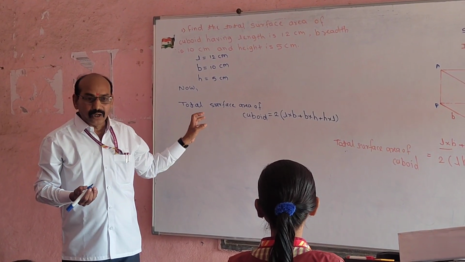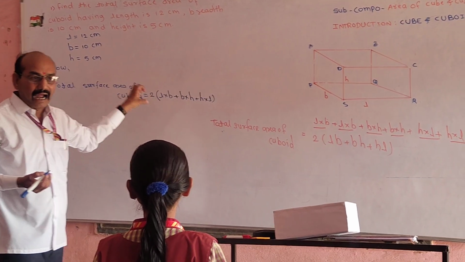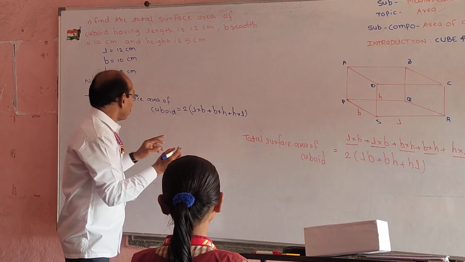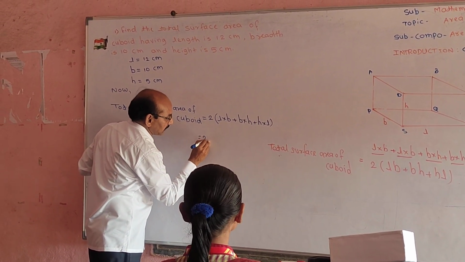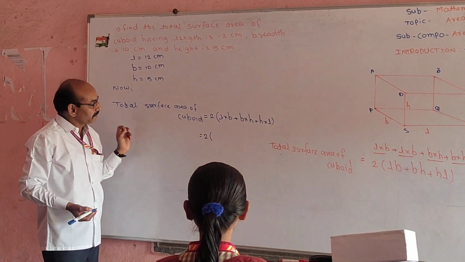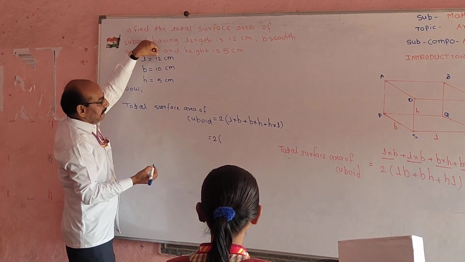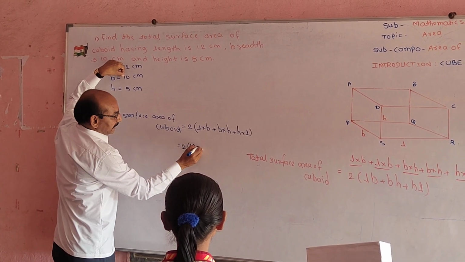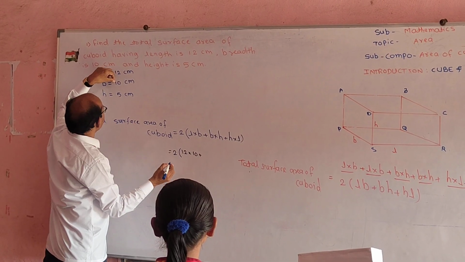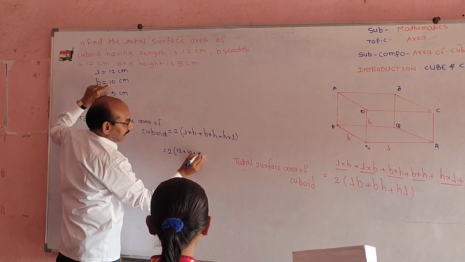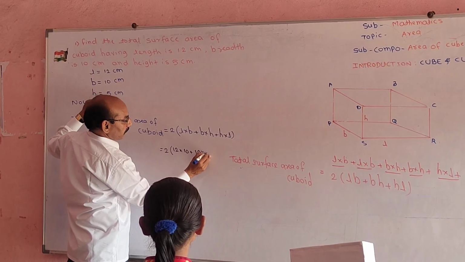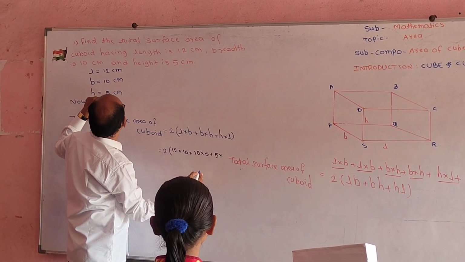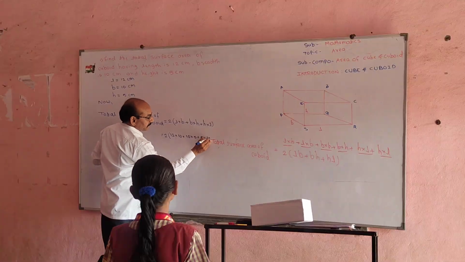Now put the values of length, breadth and height in place of L, B and H. The value of L is 12, into breadth 10, plus breadth 10 into height 5, plus height 5 into length 12.